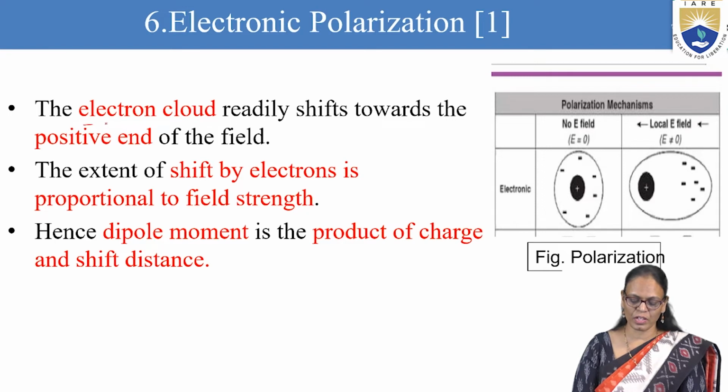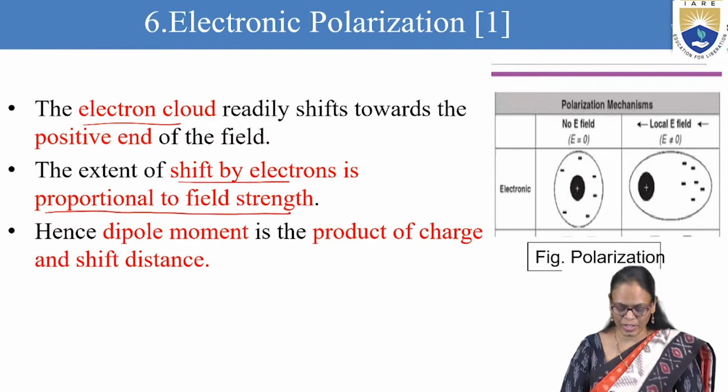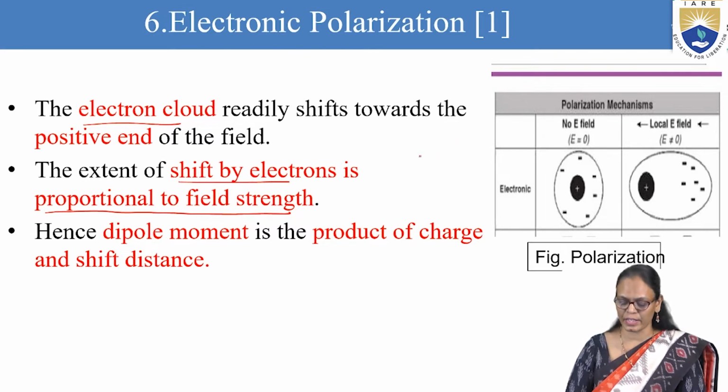Now the electron cloud shifts towards the positive end, as we have seen. And the shift of electrons is always proportional to the field strength. So as the applied field strength increases, the polarization will be proportional to H. More the field strength, more the shift.